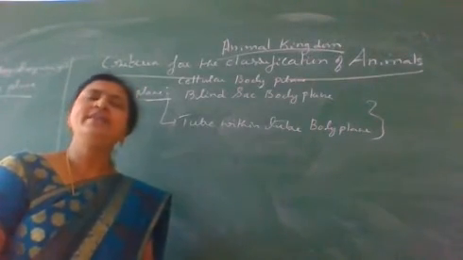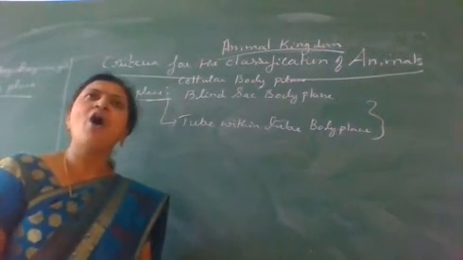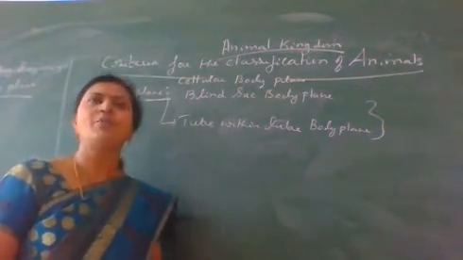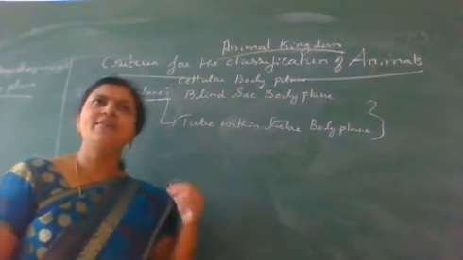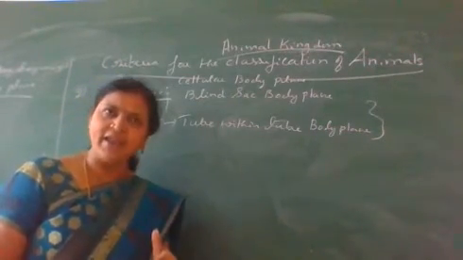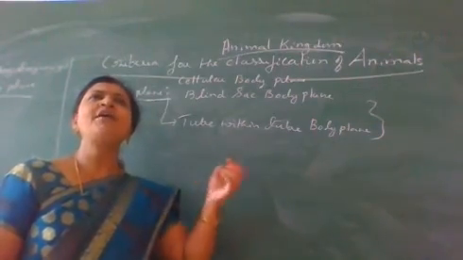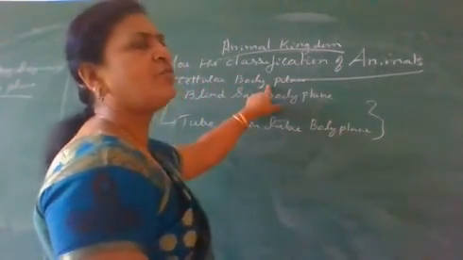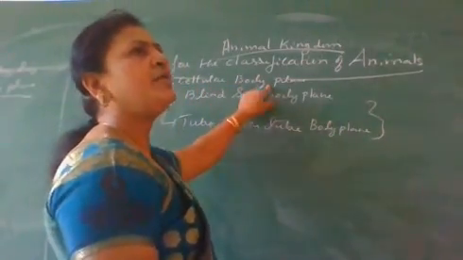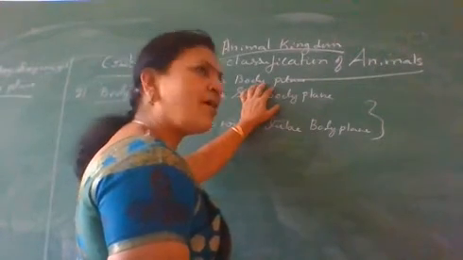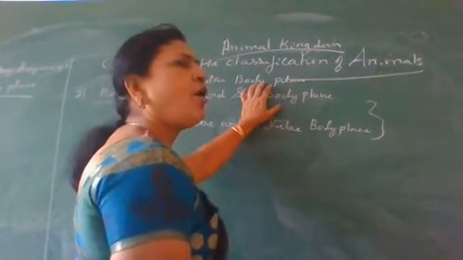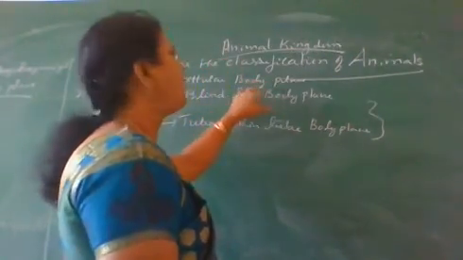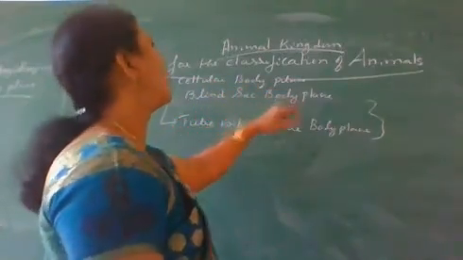These cells, organized and loosely aggregated for the different functions of the body, form what is called the cellular body plane. What is cellular body plane? Where the loosely arranged group of cells organized for a specific function to form the body of an animal is called cellular body plane.